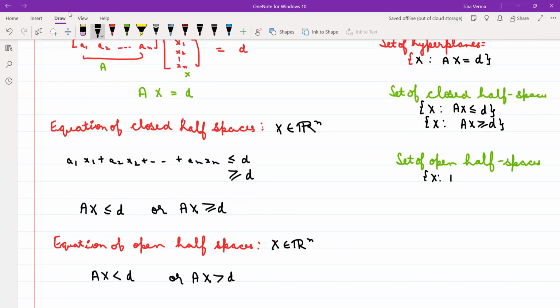All those x such that Ax is either less than d or greater than d represent the set of open half spaces.